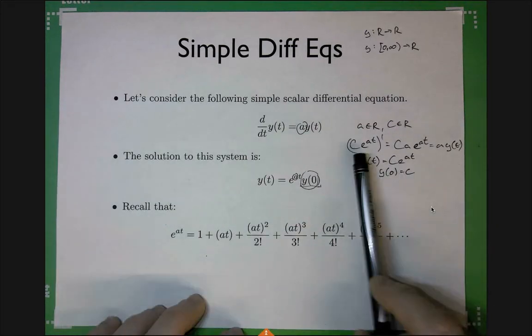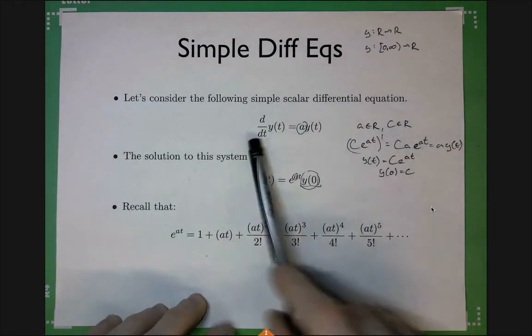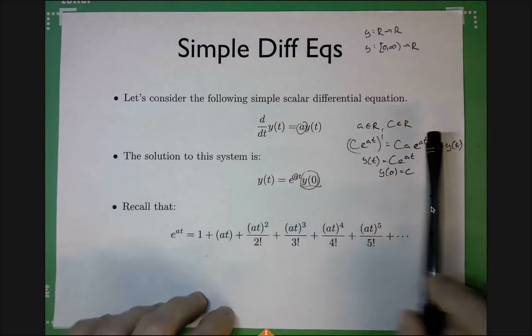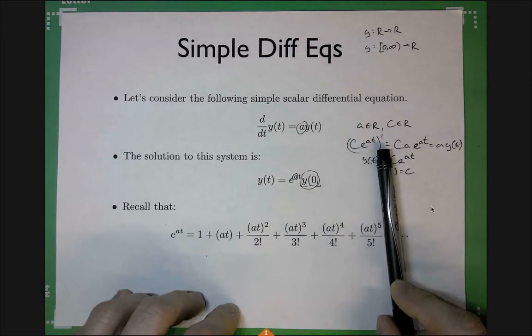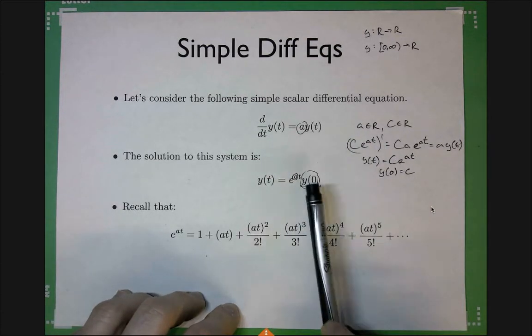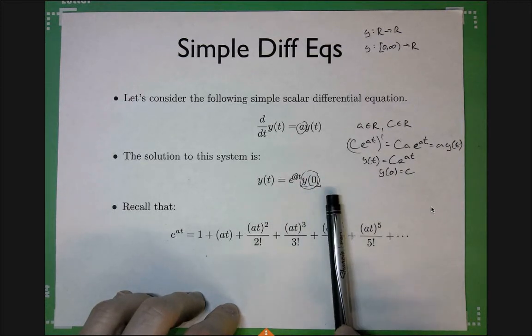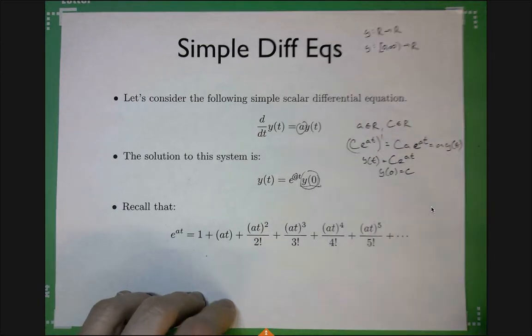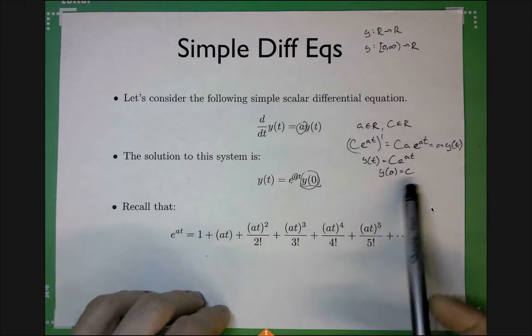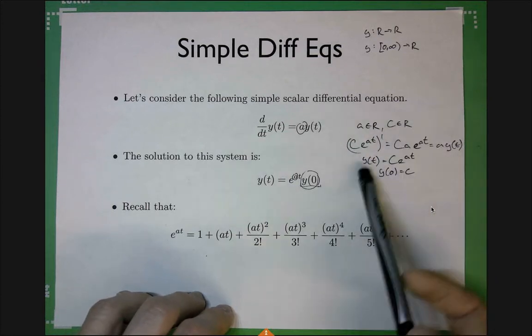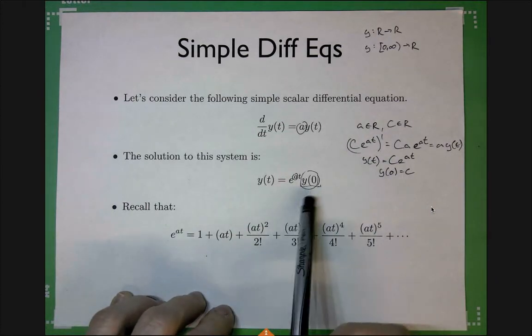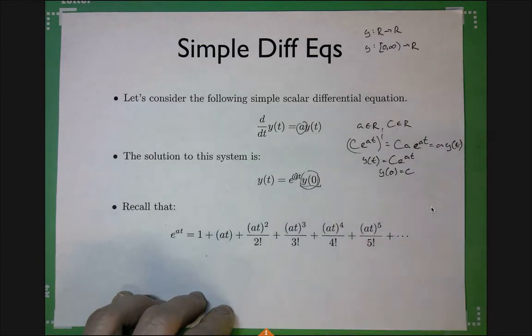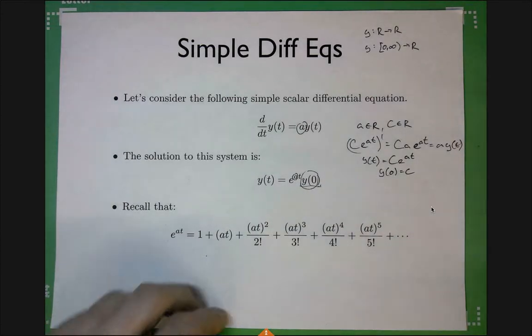You could say that an arbitrary solution of this differential equation is this c e to at, and once I fix the initial condition, once I fix y at 0, then you easily see that y at 0 has to be equal to c. So essentially I didn't have to introduce the c in the first place. That's what the slide was implying, and just call it y0 to begin with. It's just a subtle nuance there.